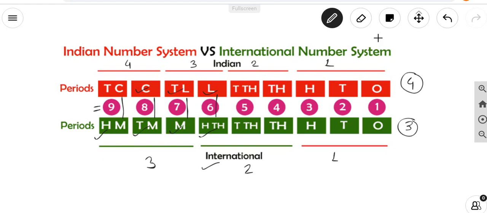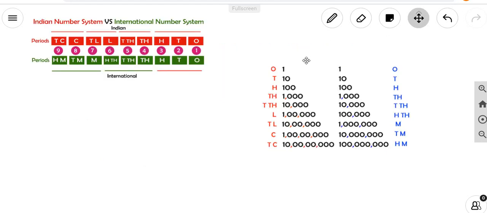Let's take an example. Let's start. First we will understand this. Here the ones place of the Indian number system and here international.